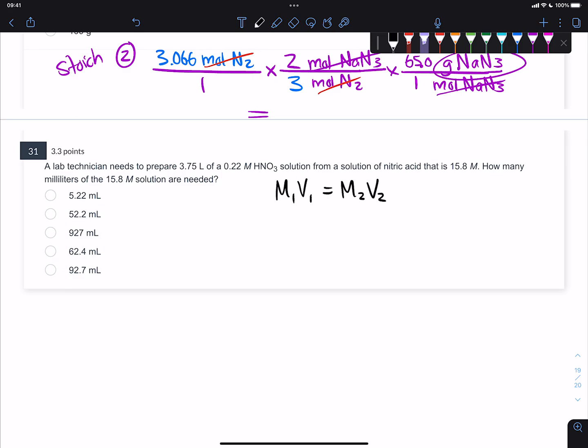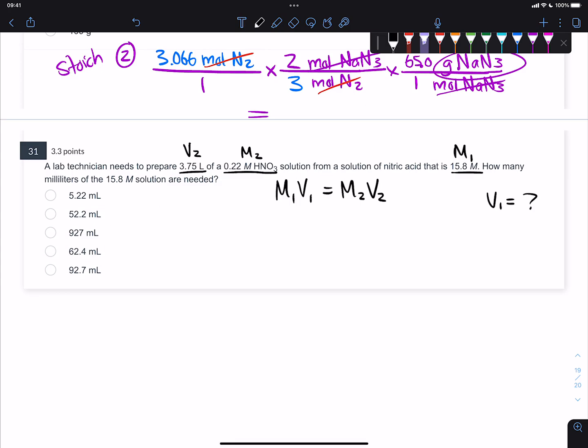So the amount of volume needed at the end is 3.75 liters. And the molarity of the solution needed at the end is also given. Now this is going to be dilution, so the initial molarity is much higher. That's going to be M1, and you're looking for V1. So V1 is, we don't know.